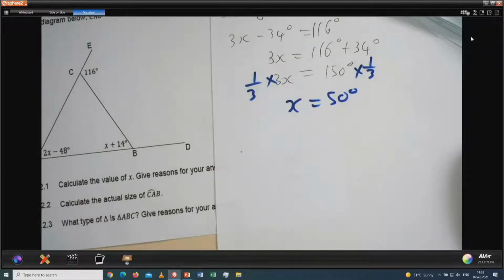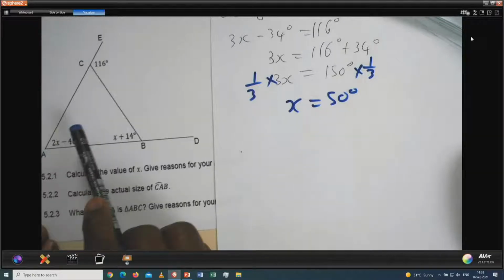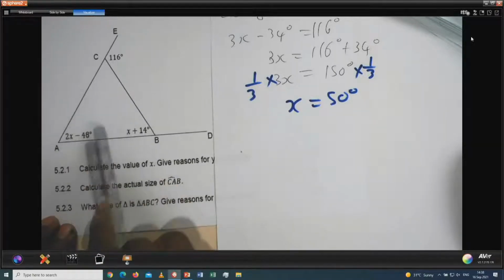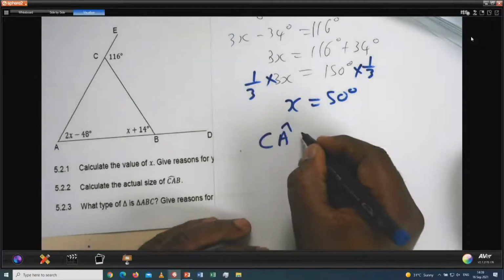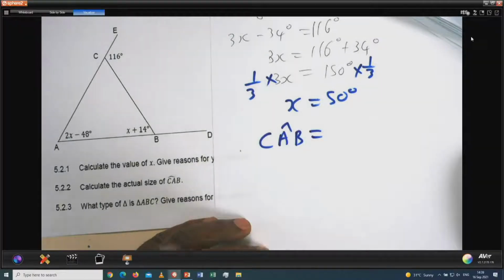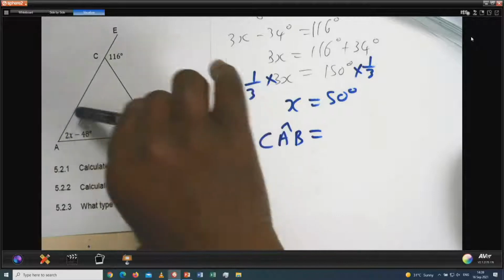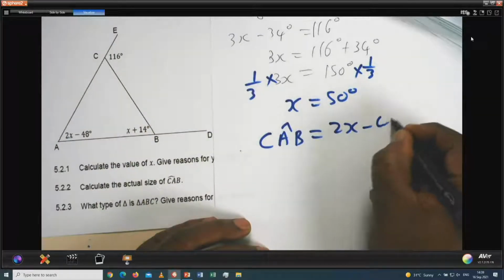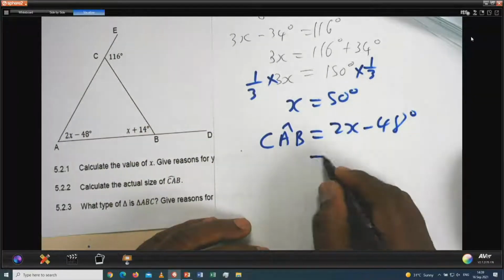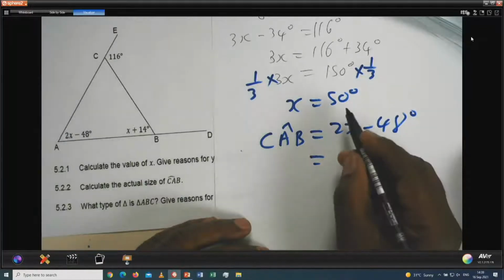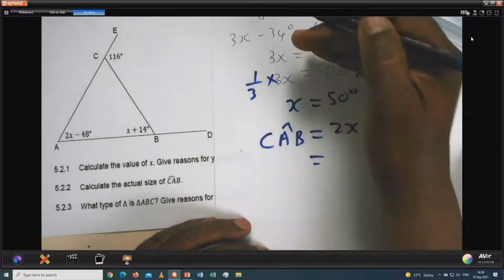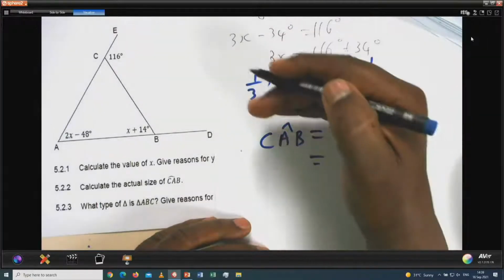They are looking for CAB, the actual size of this. Looking for size CAB, which is equals to 2x minus 48. That's what we know. But now, remember, that is why mathematics is step by step, step by step.